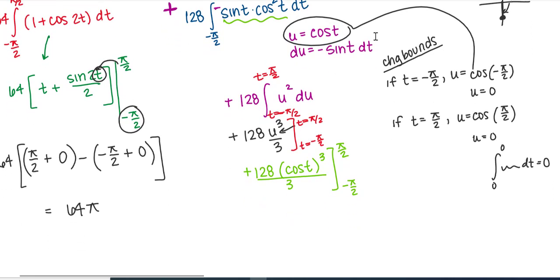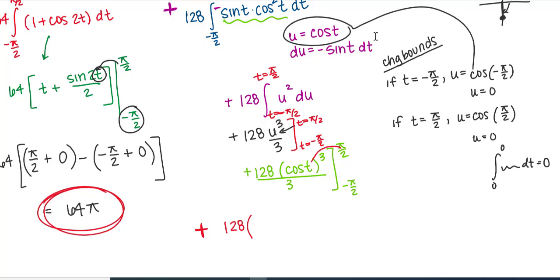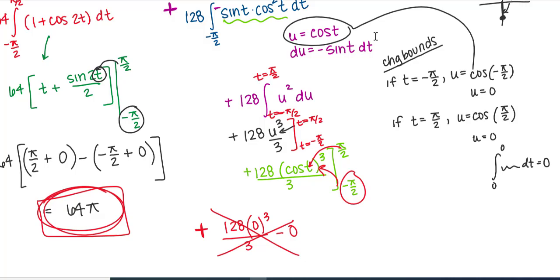All right, so again, I've got the 64 pi already, and then I'm going to add in 128. Well, cosine of pi over 2 is 0, right? And I'll subtract 0. So this whole thing adds to 0. So my total area should be 64 pi.